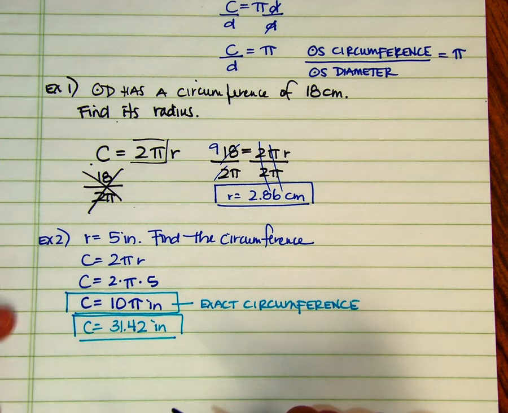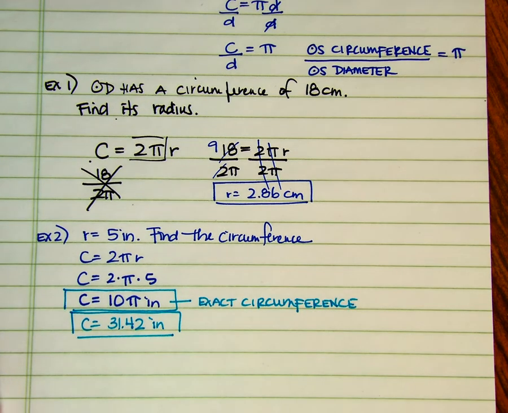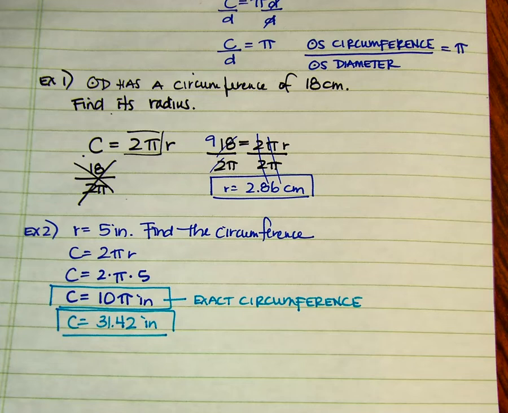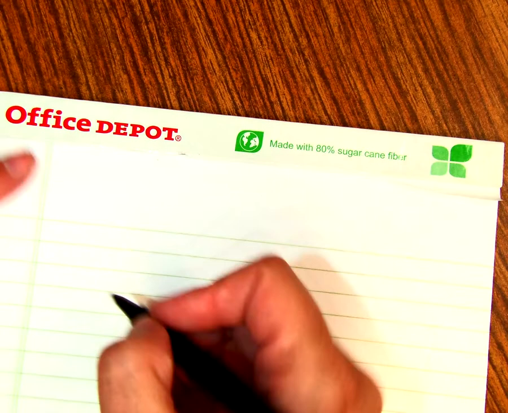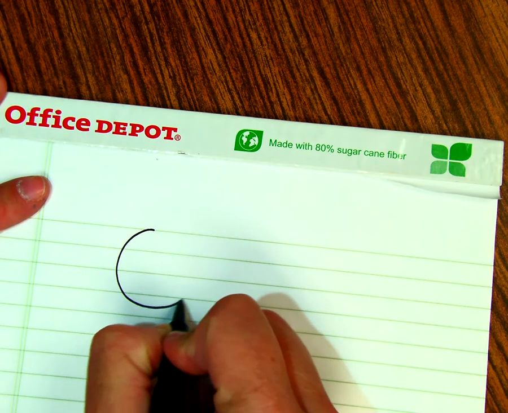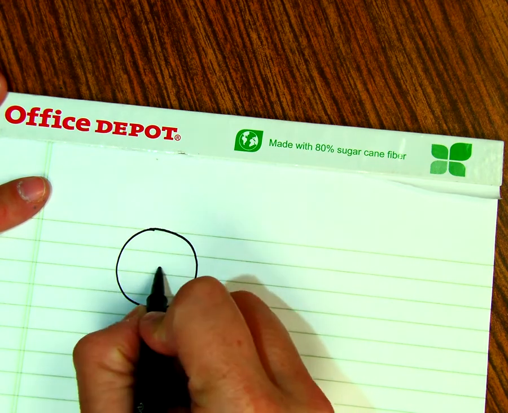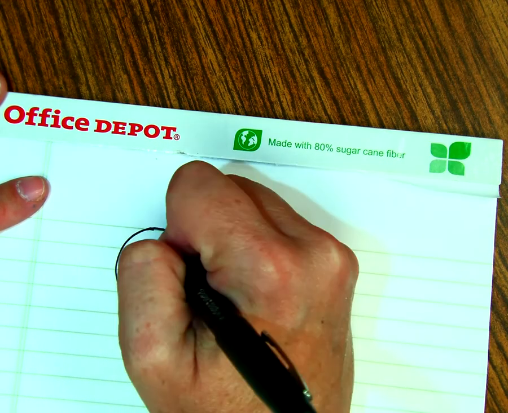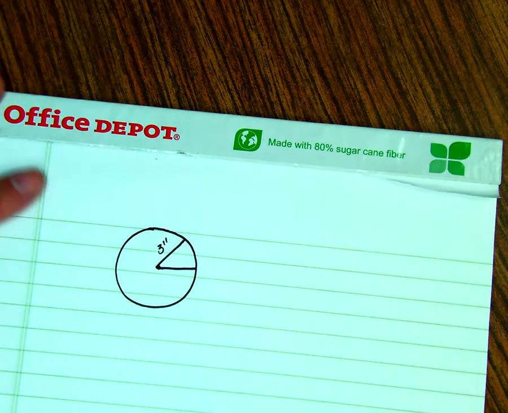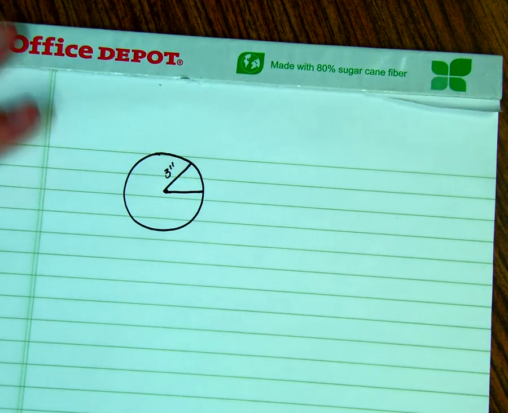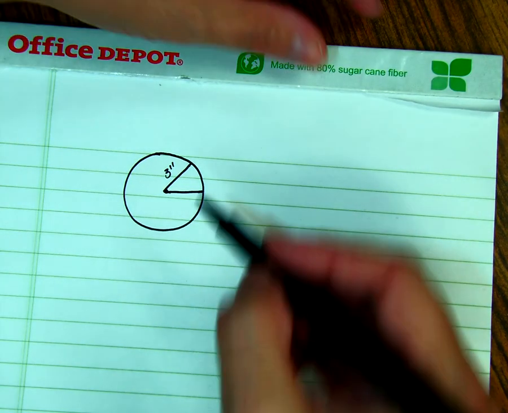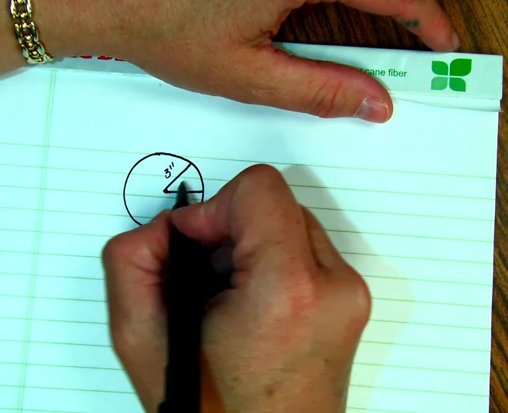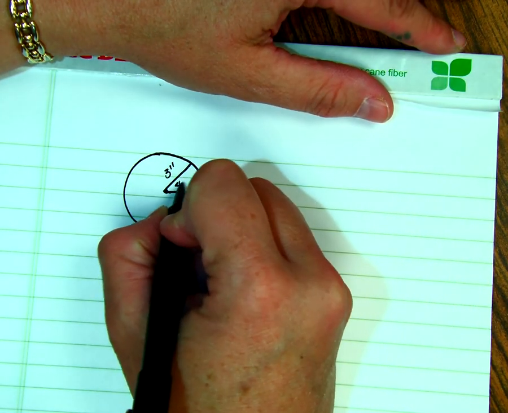Okay, now we're going to talk about arc length and how it works with circumference. So if I have a circle, and I tell you that the radius is 3 inches, and let's say that this is 40 degrees.